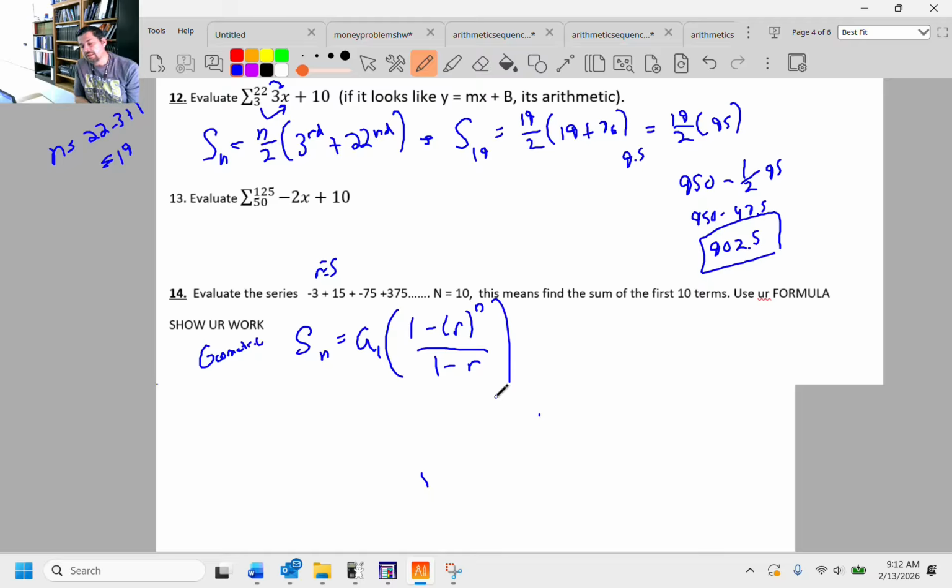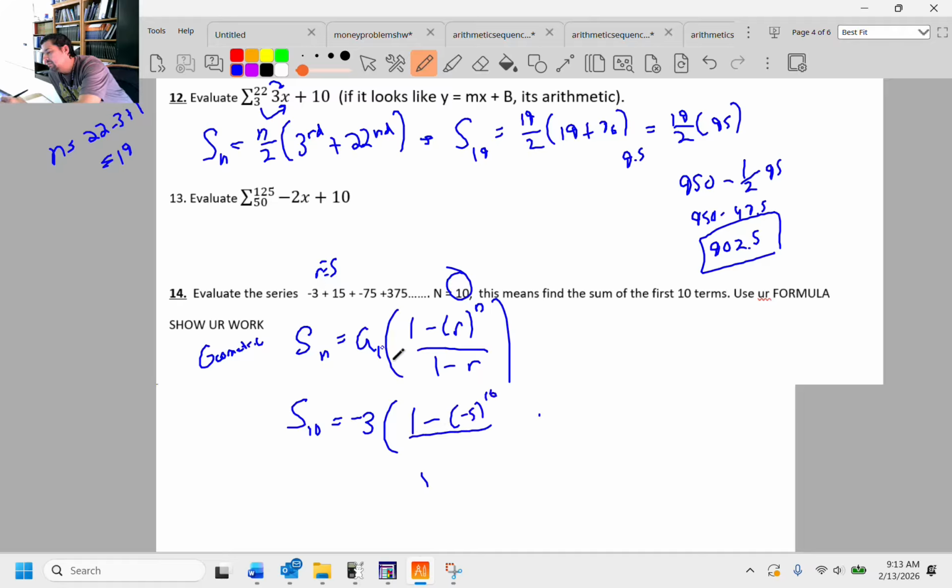And then it depends also on whether the exponent's going to be even or odd. That would make the difference maker. This has 10 things. The first term's -3. 1 minus a -5, because that's the ratio, raised to the 10th power. And it's sitting pretty over 1 minus a -5.